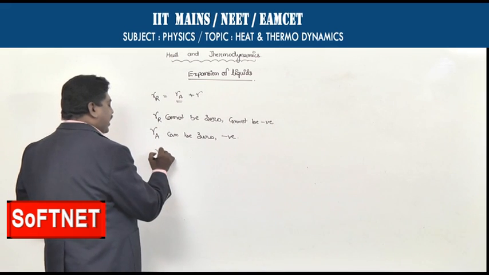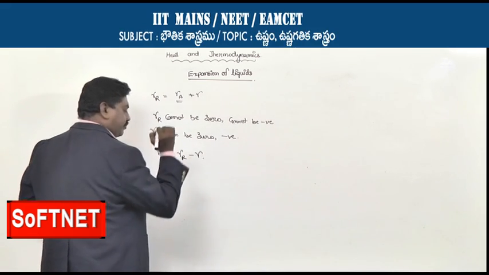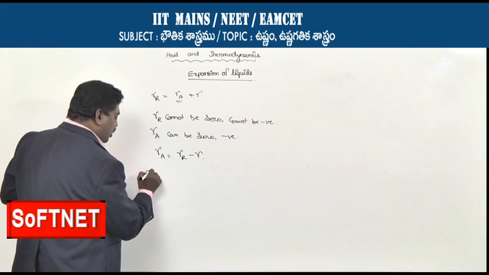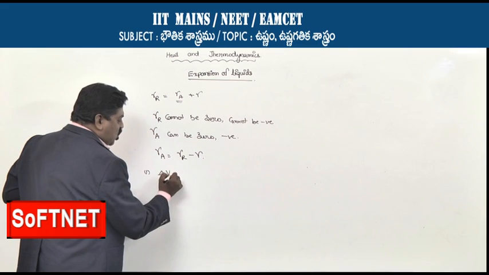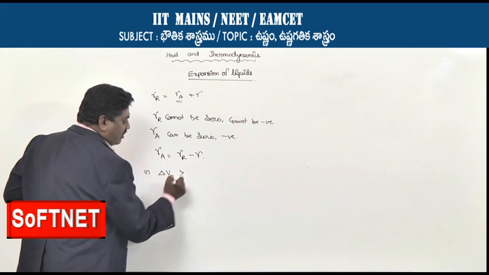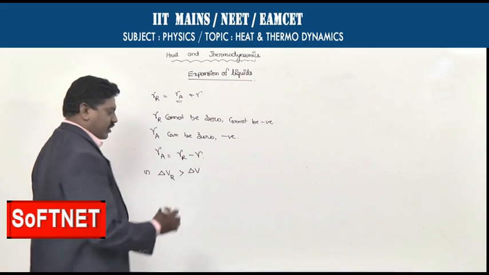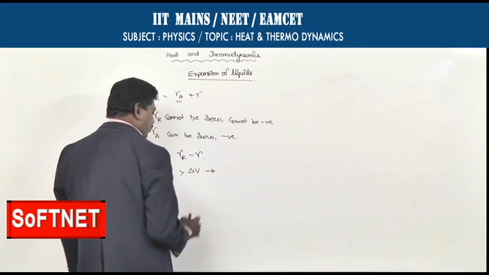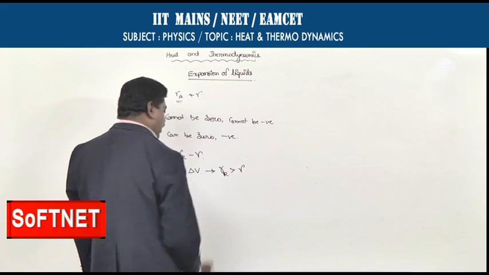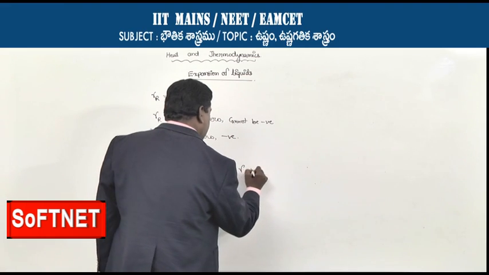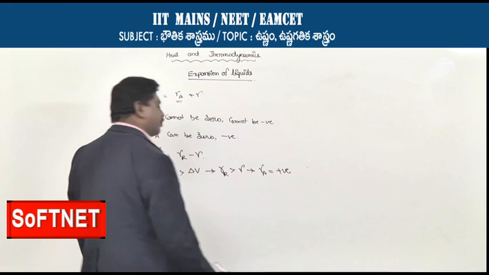So gamma A can be written as gamma R minus gamma. In the first situation, if the expansion of liquid is greater than the expansion of the container, in that case gamma R is greater than gamma, so that gamma A will have positive value.